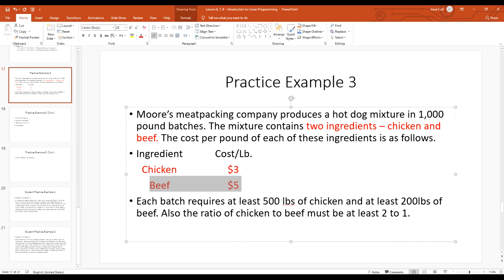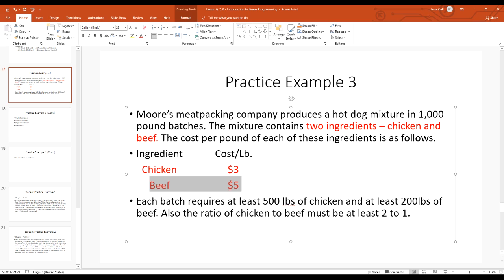And so what we've done now is we have our decision variables. We also have the costs associated with those variables. Now we can put together our objective function. We're relating the decisions we're making to the costs associated with the problem.